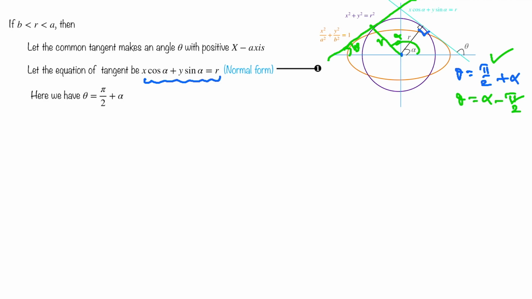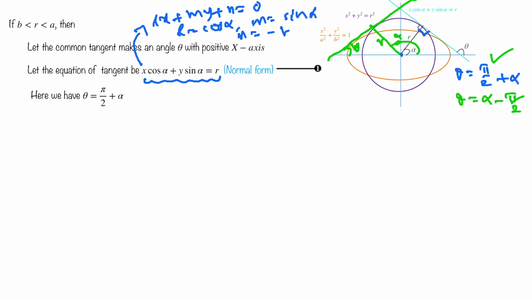And we want this line also to be tangent to the ellipse. If you compare this line with Lx plus My plus n equal to 0, L will be cos alpha, M will be sin alpha, and n equal to minus r.